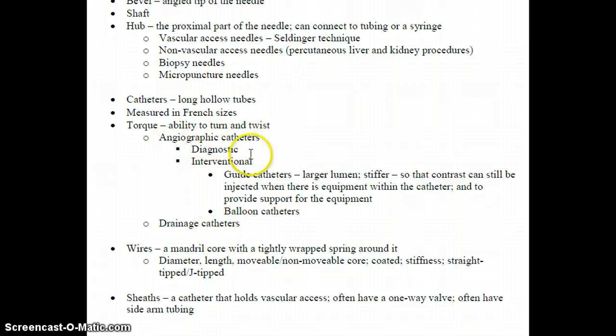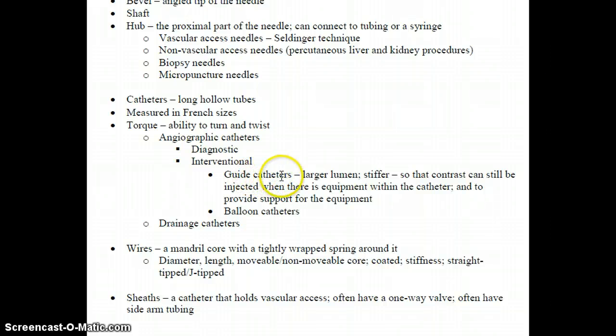The angiographic catheters can be broken down into diagnostic and interventional. Diagnostic means to diagnose or to try to define what the disease is. Interventional means to fix. If it's a diagnostic procedure, those catheters are different than the interventional catheters. Interventional catheters include guiding catheters and other types like balloon catheters, like angioplasty catheters.